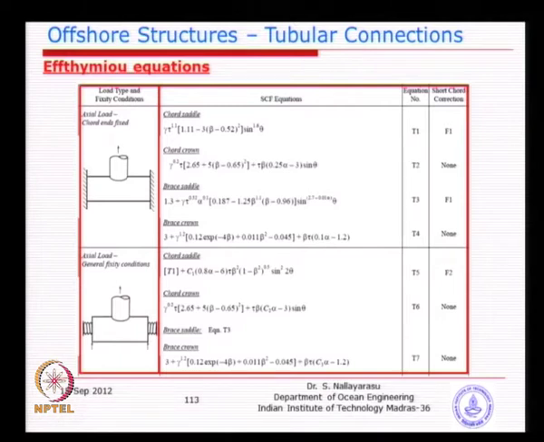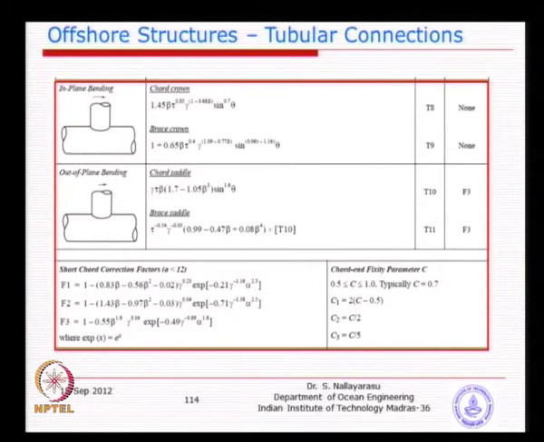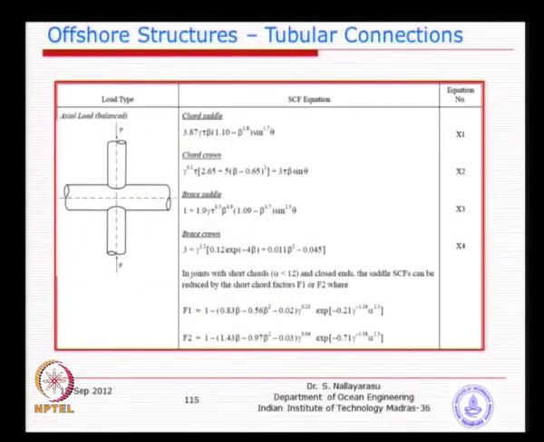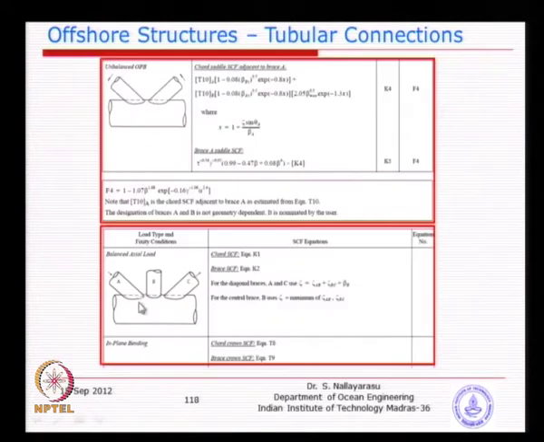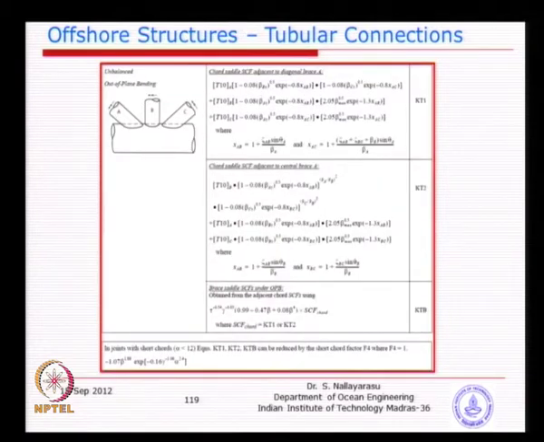So, instead of rewriting, Efthymiou has just provided an idea of repeating, and then finally, you will have a K joint for axial load, unbalanced in plane bending, unbalanced out of plane bending, and then basically balanced axial load. So, several cases he has come up with after a long study, and balanced out of plane bending means both the moments are similar or equal.